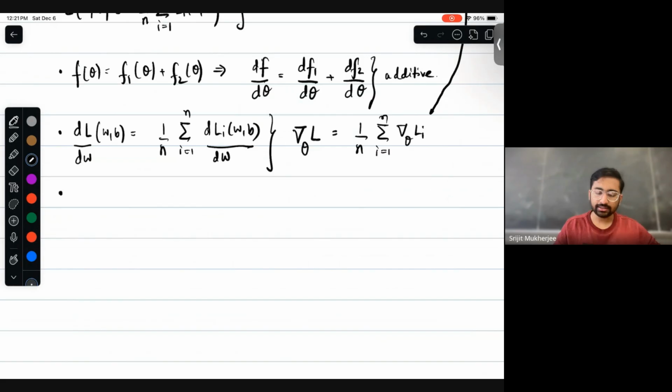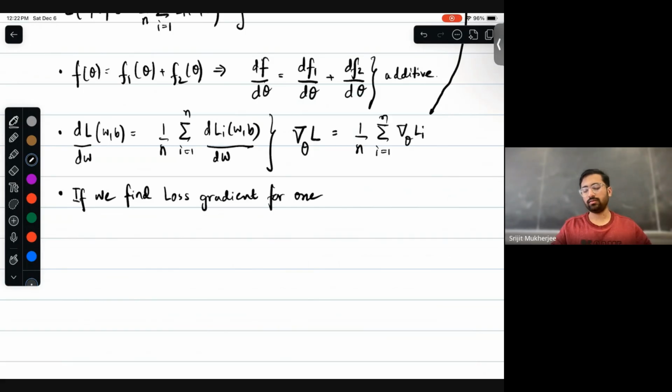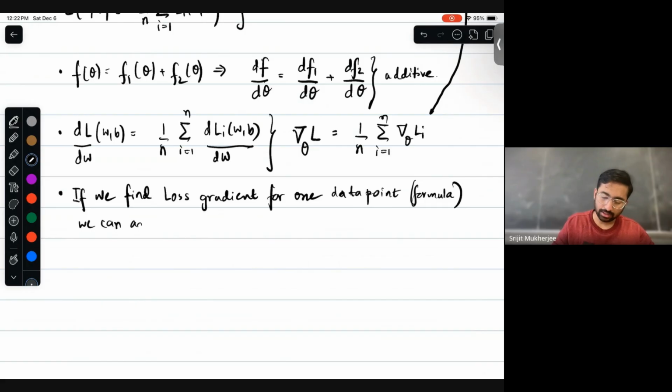So what do we learn from here? If we find just the loss gradient for one data point, the formula, we can add them up.